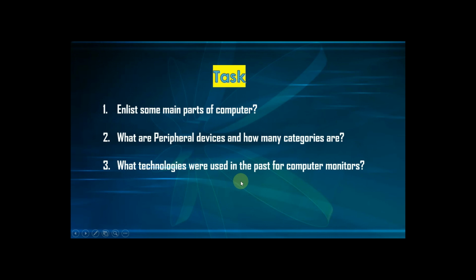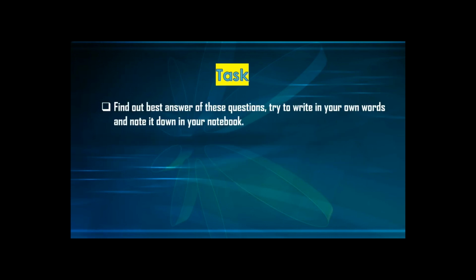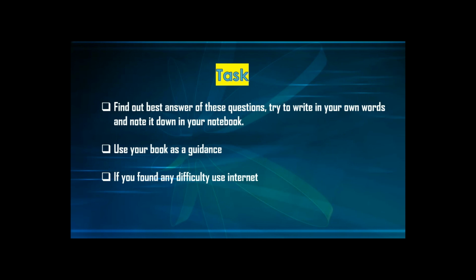I hope you will find your answer. Find the best answers to these questions. Try to write in your own words and note it down in your notebook. Use your book as guidance. If you find any difficulty, use the internet. Solve the worksheets of the given task.